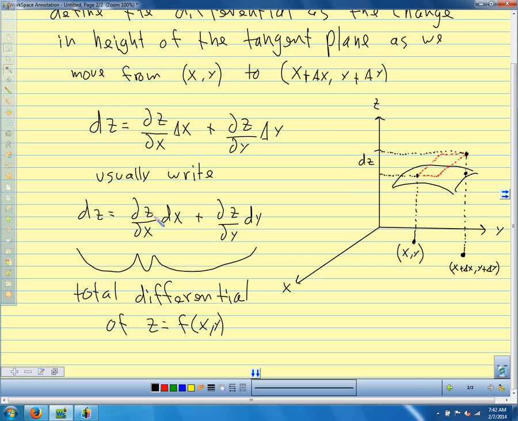A linear function is much easier to deal with than many other types of functions.